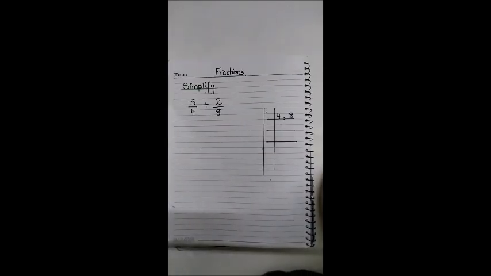You can see 2 different denominators in this question. 5 upon 4 plus 2 upon 8. So when we have 2 different denominators, we take the 2 denominators 4 and 8, and bring them onto the right hand side of your working column and find the LCM of the two numbers.